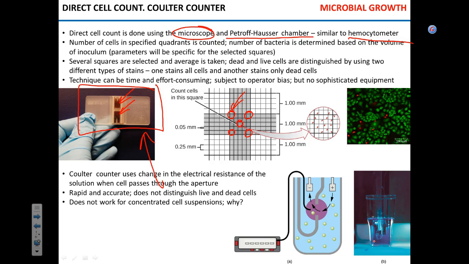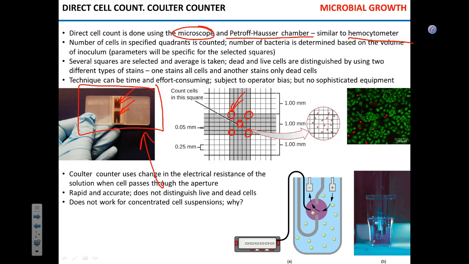And of course, if you have to distinguish between something that looks like a cell and something that looks like debris, deciding whether it's a cell or not is your decision. So there is some kind of a bias. Okay? If you would take exactly the same sample and ask 2 different people to count the number of cells, you will get different results.